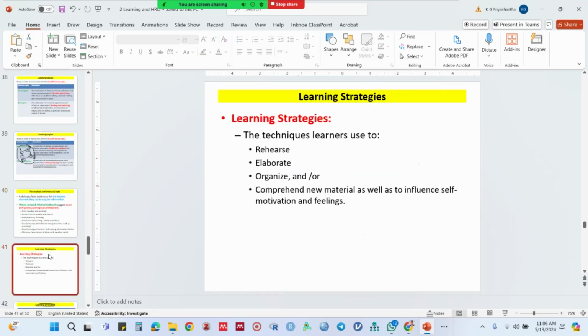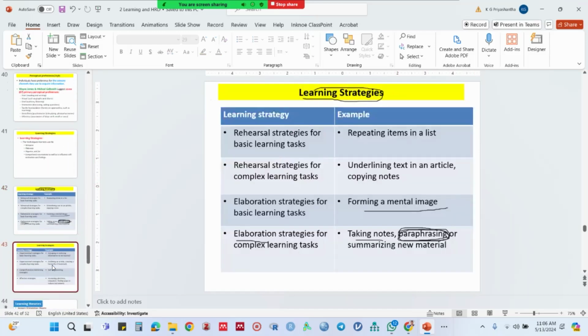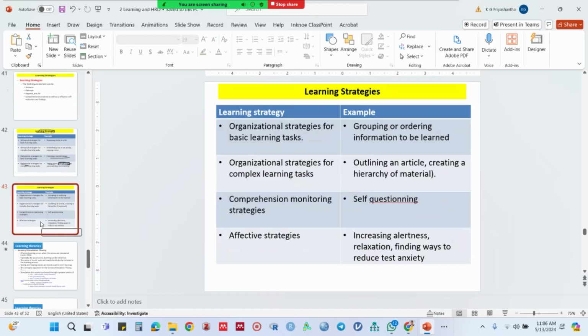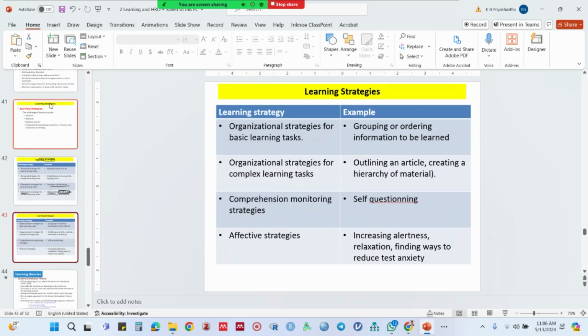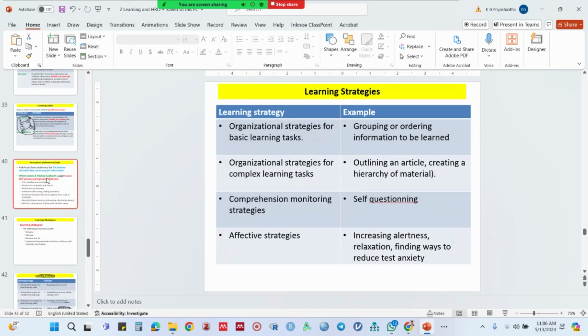Then after that, learning strategies. Learning strategies done, right? Then after learning strategies, 3 slides. The slide placed here must be dragged to after the learning styles, since this is related to the learning styles.